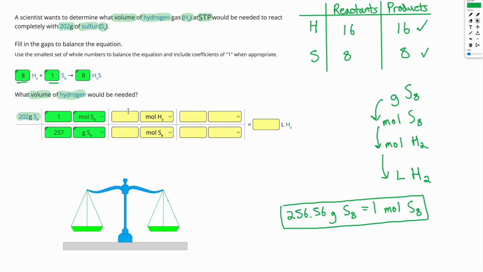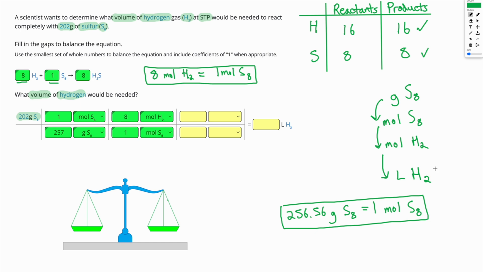So in here, we're going to have an 8 with our moles of H2 and a 1 with our moles of S8, because from our equation, 8 moles of H2 is needed to combine with 1 mole of S8. That's our conversion factor from our equation. Let's check that.